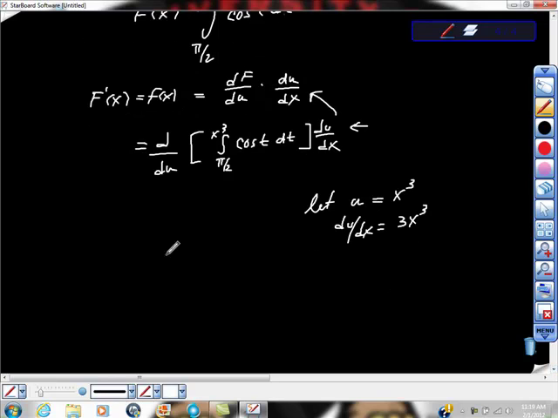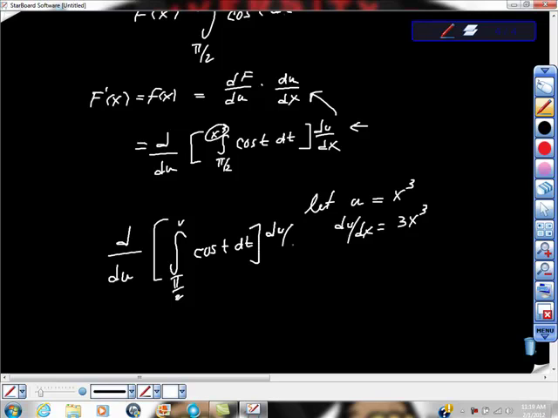Having gathered this information, I'm going to rewrite a little bit and substitute, and say d/du of the definite integral from pi halves to u of cosine t dt times du/dx. All right, now I think we're finally starting to get where we're going.